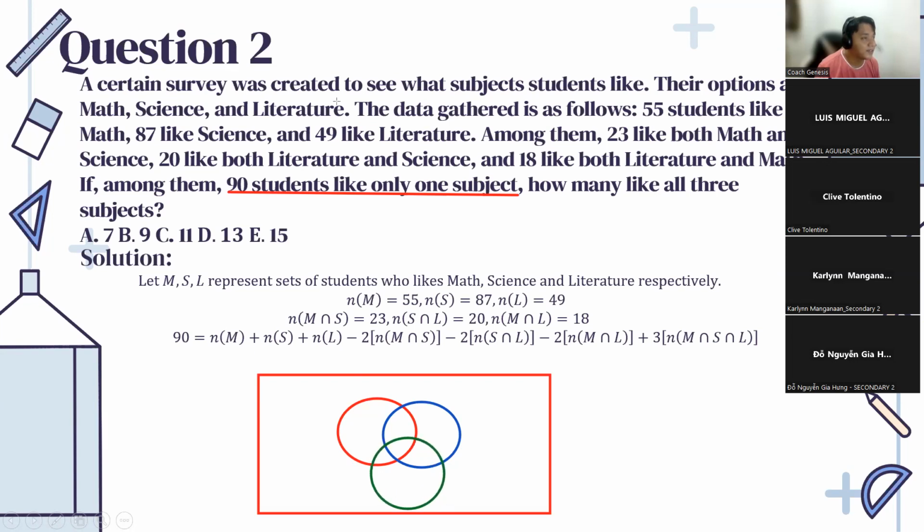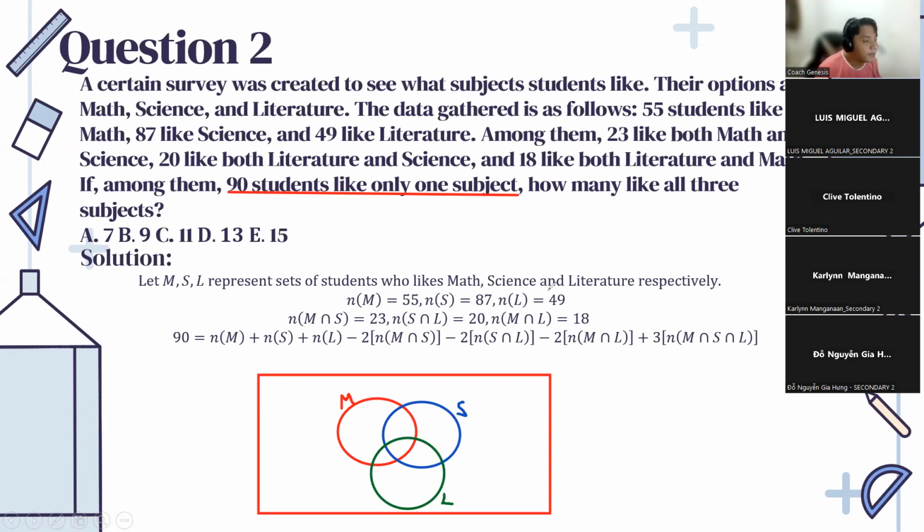Okay. So this is math. This is science. And this is literature. Okay.